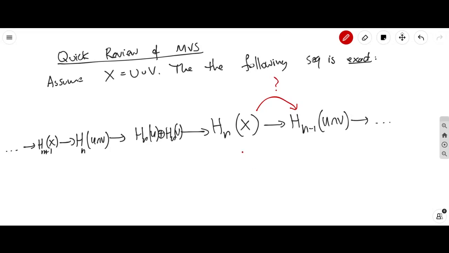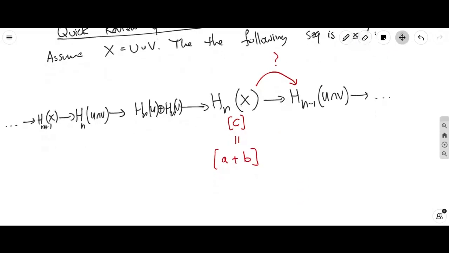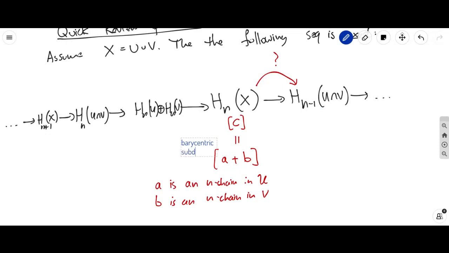And the way it works is you pick a homology class in X, and then you can write that homology class as a sum of two chains, A and B, where A is an n-chain whose image is contained in U, and B is an n-chain whose image is contained in V. Decomposing a cycle in such a way is what we call barycentric subdivision.